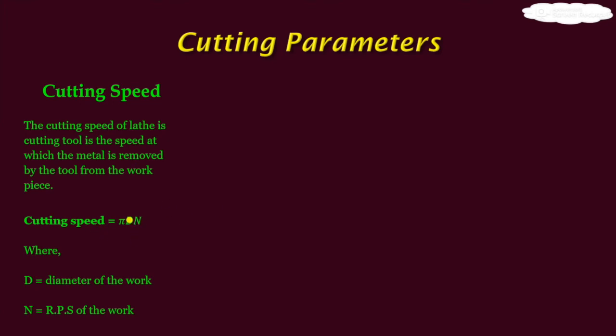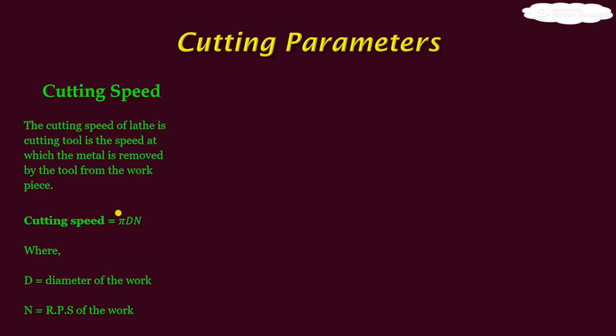initially the job was rotating at a speed of n rpm, say. Then the cutting tool is in contact with the job at a particular point at a particular instant, and if we draw the tangent from that point to the circular job, then that is the direction of cutting speed.